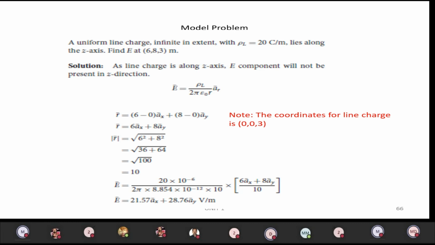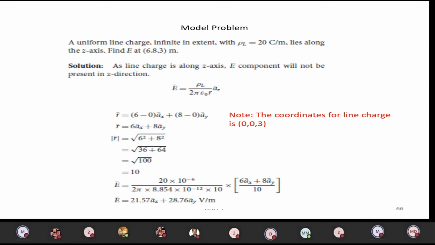In the electric field point they have given (6,8,3), so the Z value will be 3 here. That 3 value I have to substitute here, so that the electric field Z component will be 0. The coordinates we have to choose for the line charge is (0,0,3). Why am I choosing 3 there?